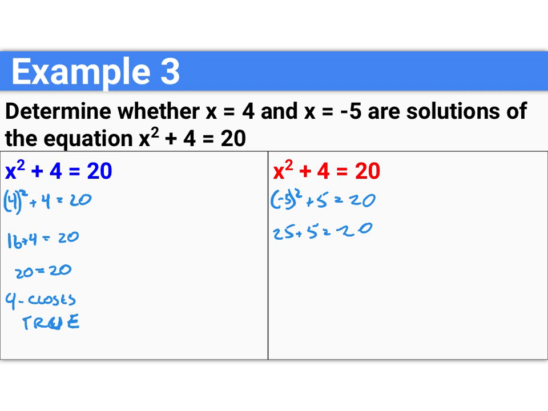This is closed because it's all numbers. But 30 does not equal 20. And I put that line through it so that we see that it does not. So even though it's closed, negative 5 closes it, but this is a false statement.